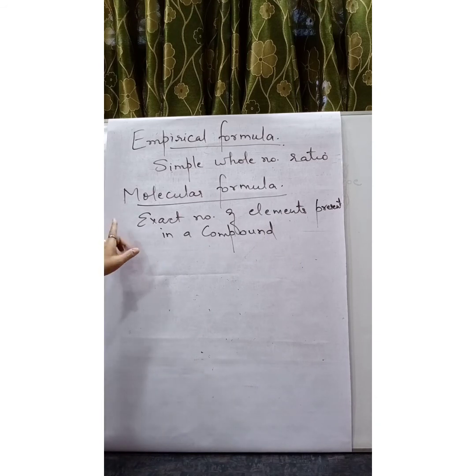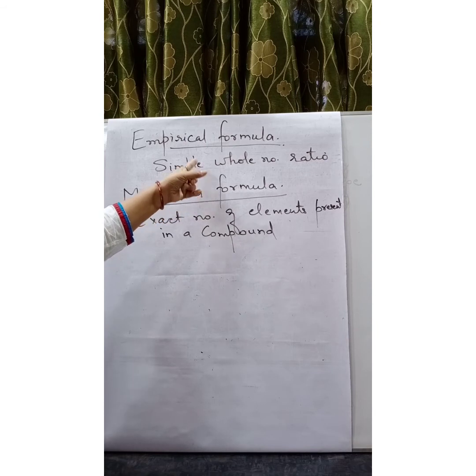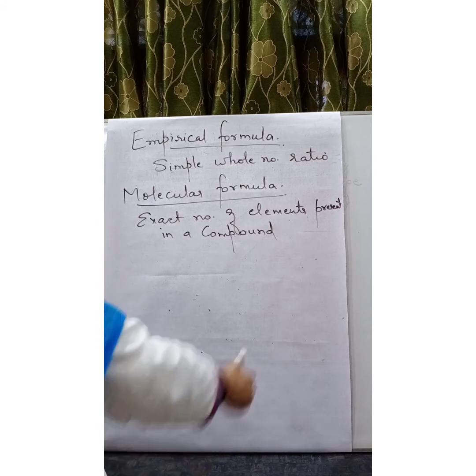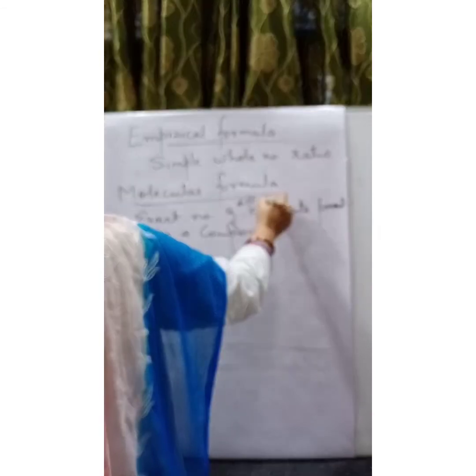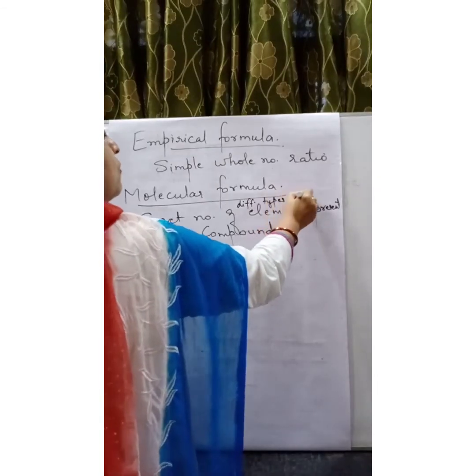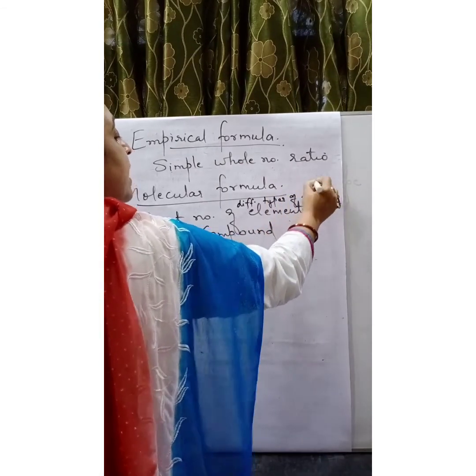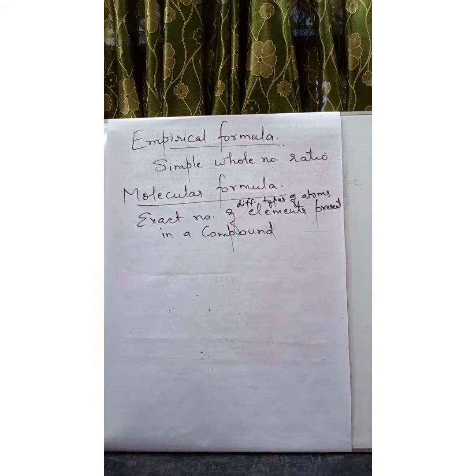So in other words, we can say empirical formula represents the simple whole number ratio of various atoms of elements present in the compound. Molecular formula gives us an idea of the exact number of different types of atoms of elements present in a compound.